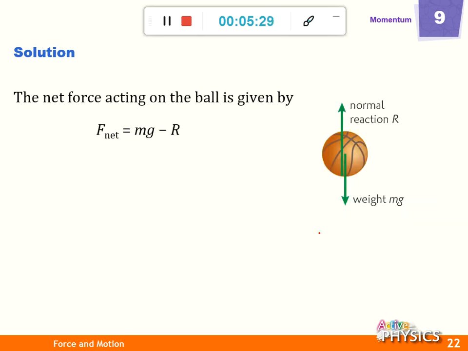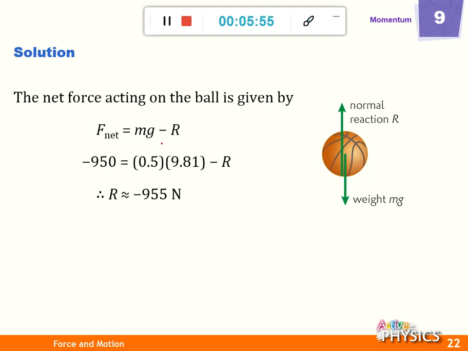So look at this. Based on the free body diagram, net force should be the difference between upward force and downward force. Downward force is mg, upward force is R. Then you may think, in the last slide it was R minus mg, but here why do we use mg minus R?